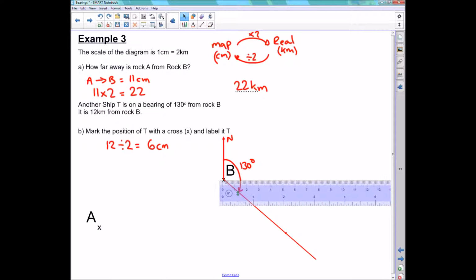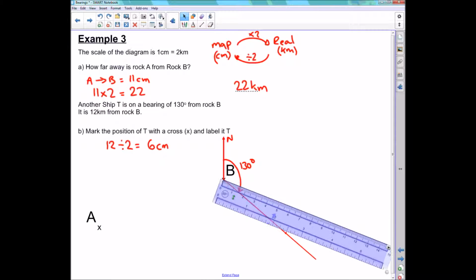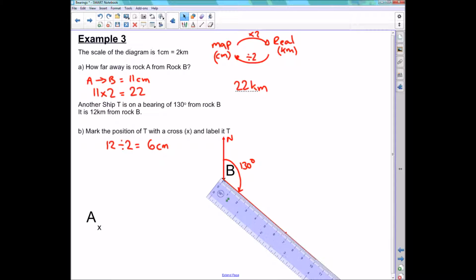Putting my 0 at B, tilting my ruler down so it's parallel with my line, I need to measure 6 centimeters, which is there. Getting rid of my ruler, marking this point with a cross and labeling that it is 6 centimeters along the line, and also answering the question by labeling it T.